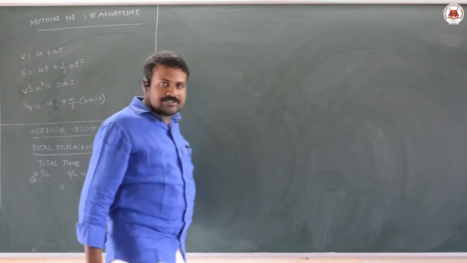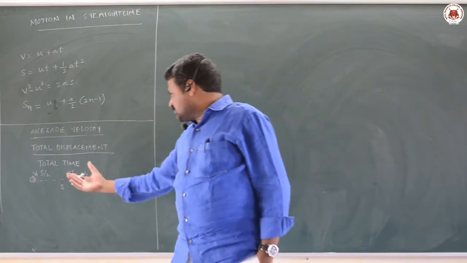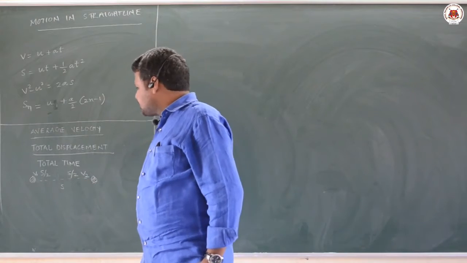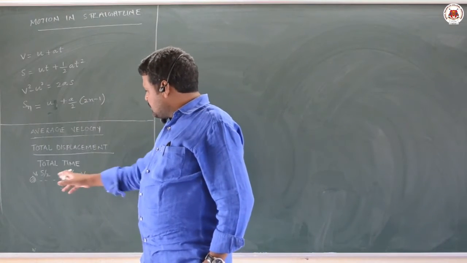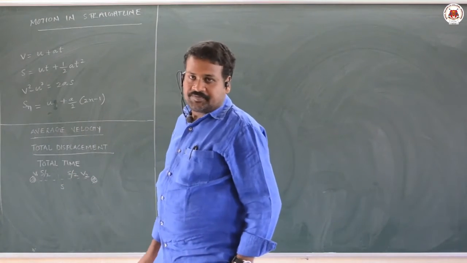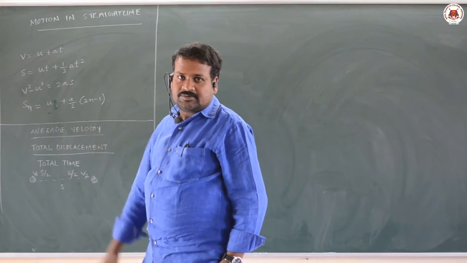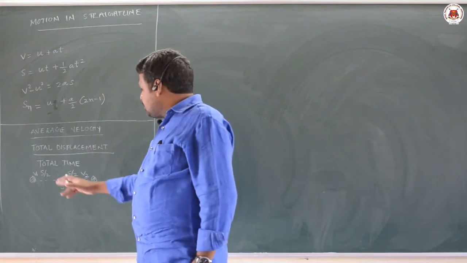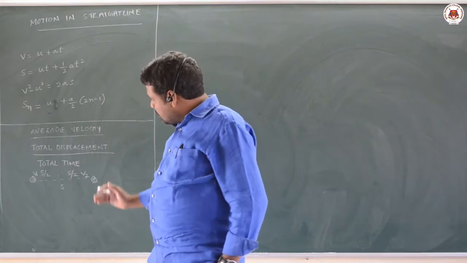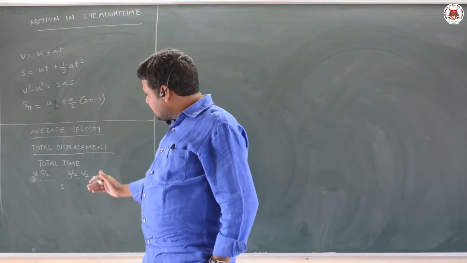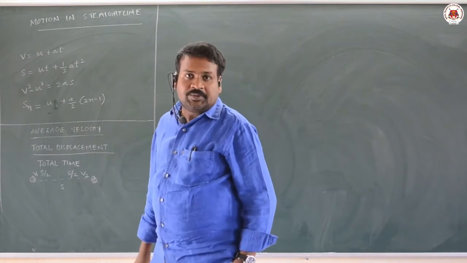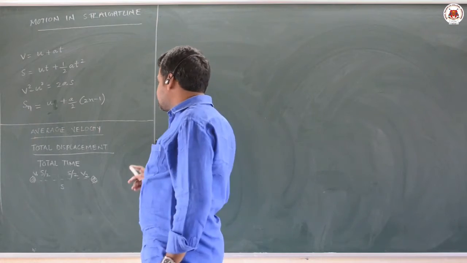Here the case is a body is travelling from one place to another place. The displacement between the two places is s. For s by 2, first half of its total displacement, it travels with velocity V1. Next half of the total displacement, it travels with velocity V2, then calculate its average velocity.